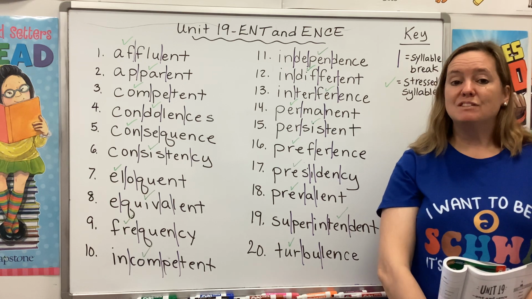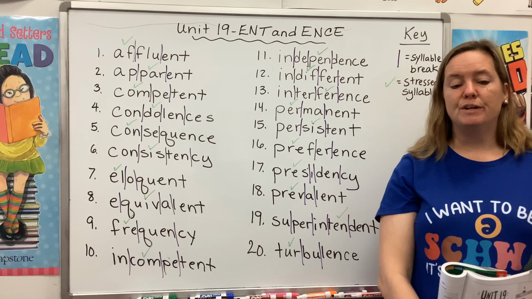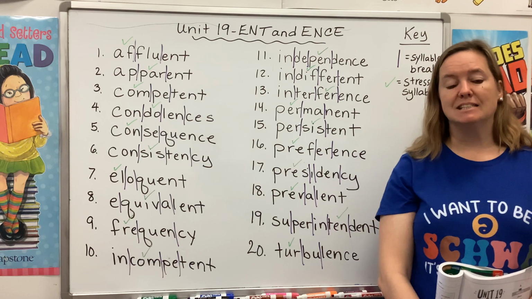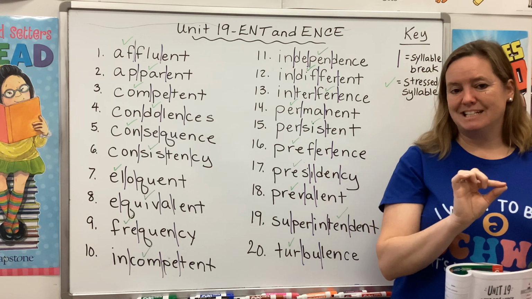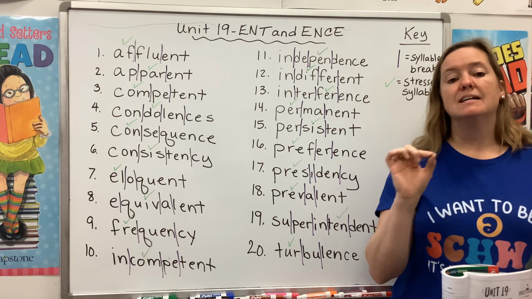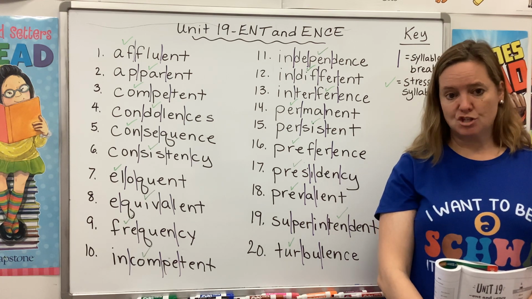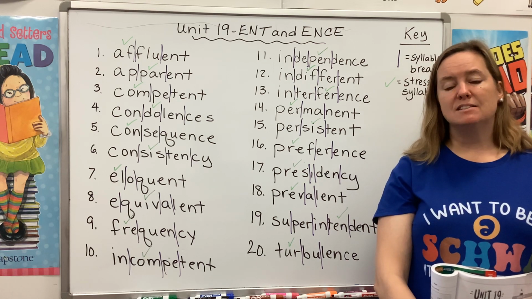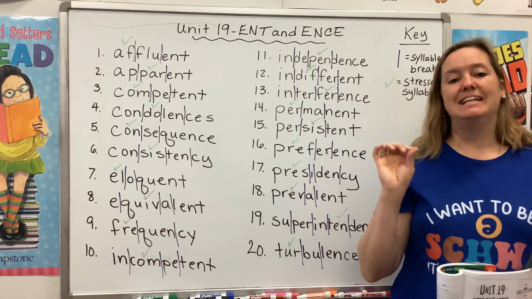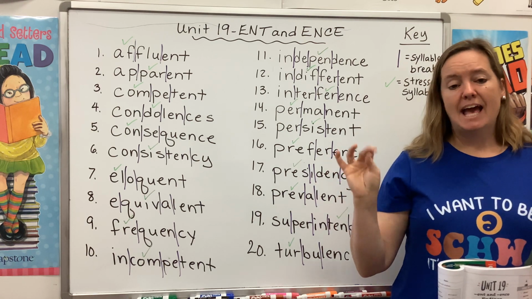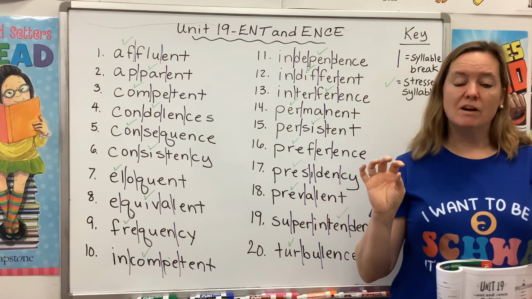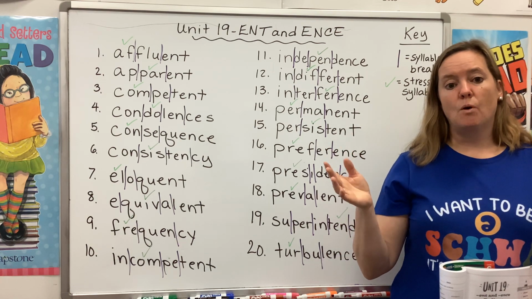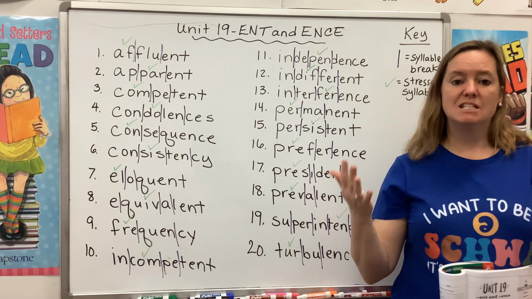All right, so we have spent several weeks now learning about derivational suffixes. Those are groups of letters that we can tack on to the end of a word to change its part of speech. Last week we looked at the suffixes ENT and ENCE, and we learned that you can switch back and forth to change those words from adjectives to nouns.